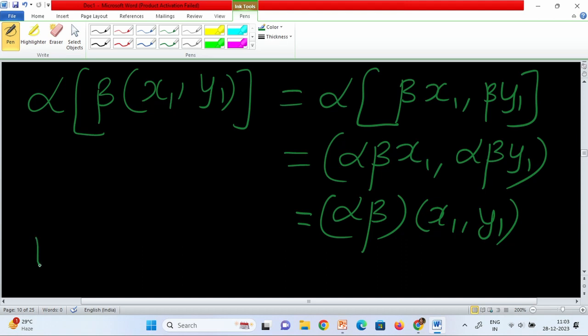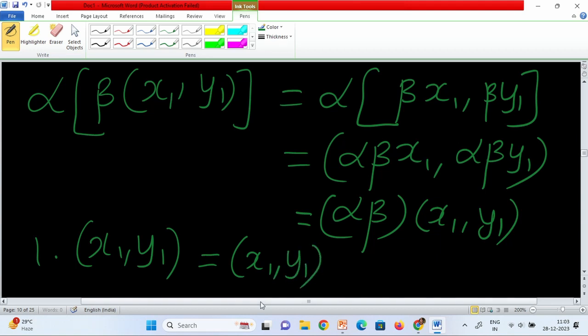And the fourth one is 1 dot (x1, y1), which will obviously be equal to (x1, y1). So therefore the four axioms are satisfied. Therefore R cross R is a vector space over F.